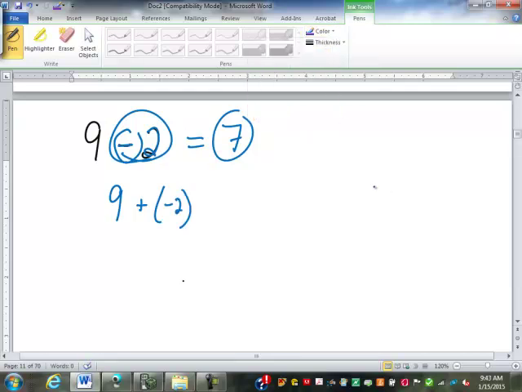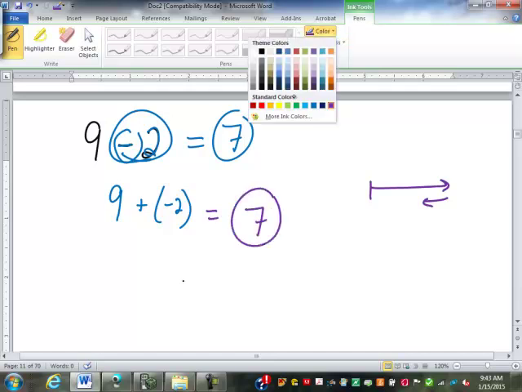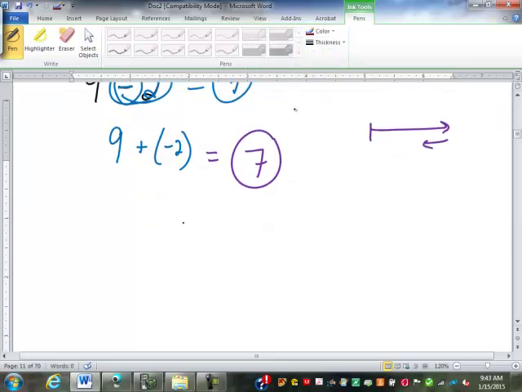So then we're back to being able to use our vectors. There's positive 9. Negative 2 is the opposite direction, but shorter. So our answer is positive 7, which is what we had from doing the subtraction. So if we have a negative 19 minus 7, that one could be a little tricky.